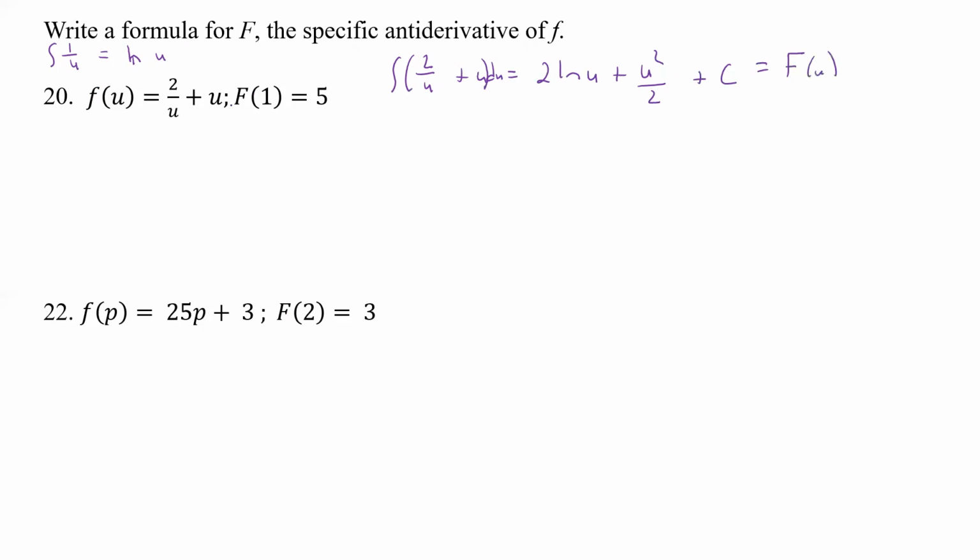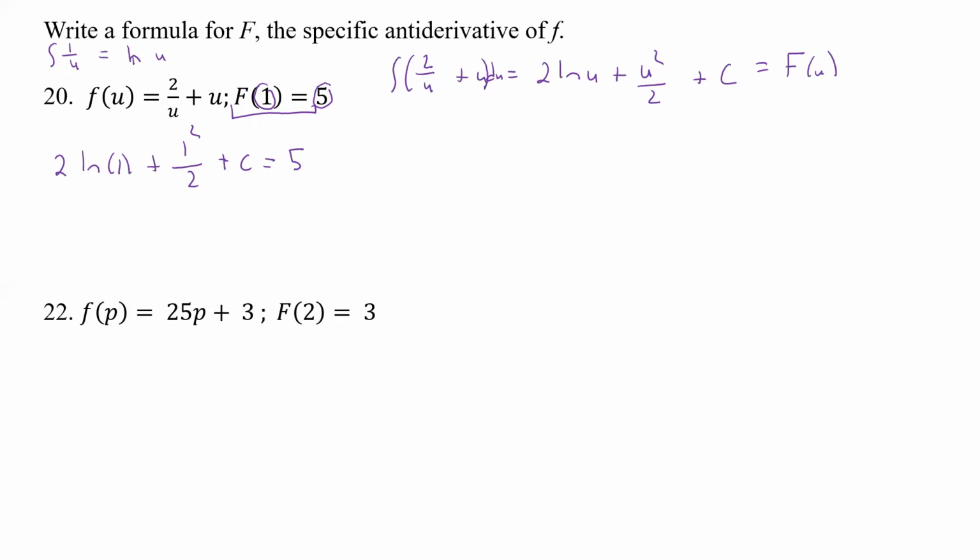Okay, now they say capital F of u is f of 1. So this is our input, this is our output. And so what we have to do is say, okay, well, we're going to take 2 ln of 1 plus 1 squared over 2 plus c equals, and it's supposed to equal 5. Well, now we just plug that into our calculator.